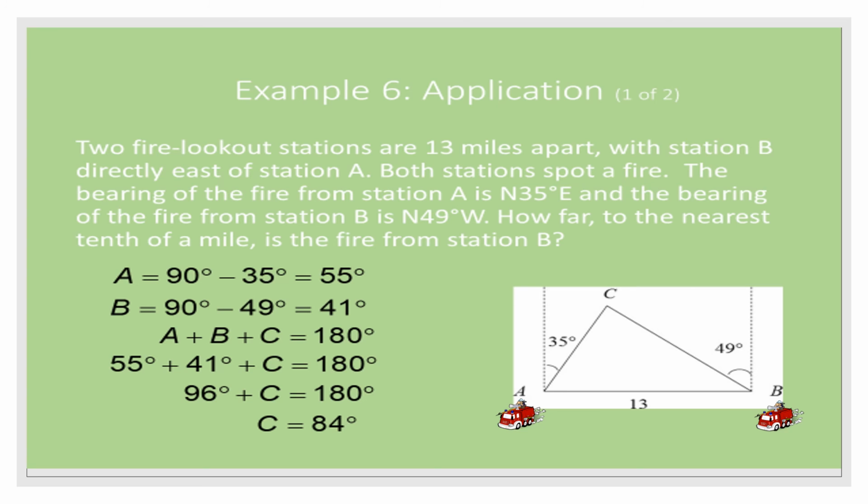So this is the last example. We have two fire lookout stations. They are 13 miles apart, with station B directly east of A. Now, both stations spot a fire, and the bearing of the fire from station A is north 35 east, and the bearing of the fire from station B is north 49 west.